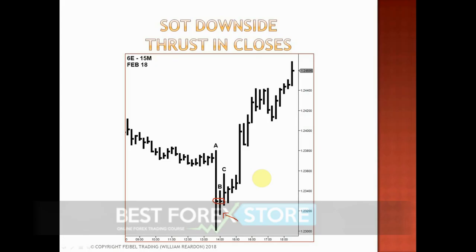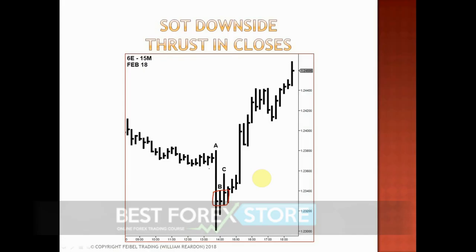Something is off. We'll be thinking, okay. And then what happens? We push up, and then we hold a higher close above the two previous bars. Now this action doesn't make sense, and this is what we'd call shortening of the thrust in closes.